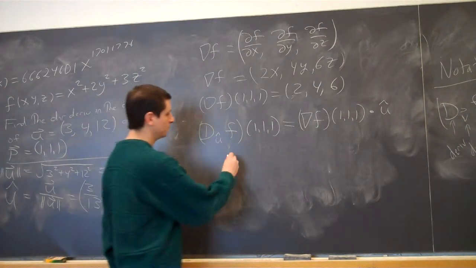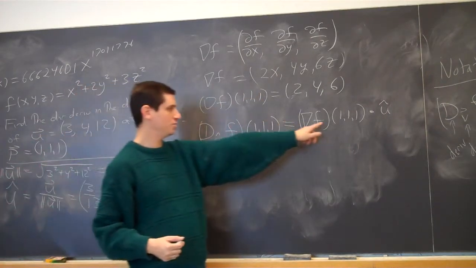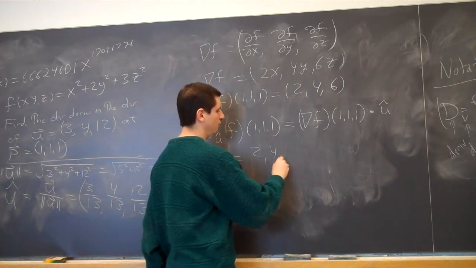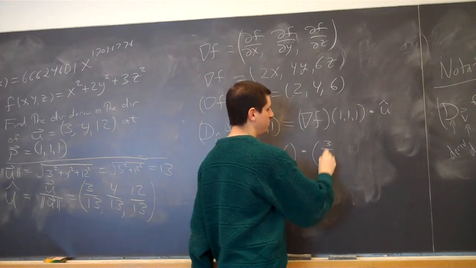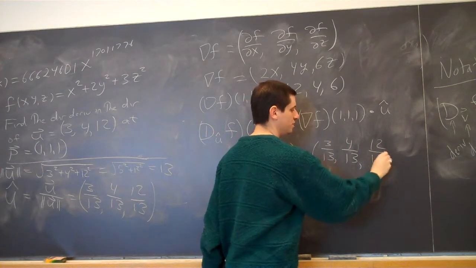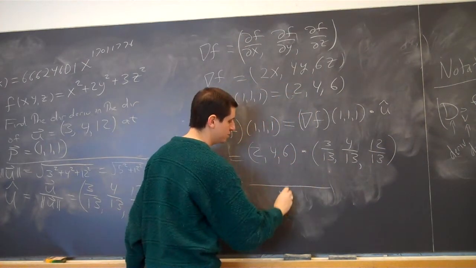So over here, I've got everything I need and I can just pull up directly. Oh, good. I want the gradient of f at 1, 1, 1. It's right here. It's just 2, 4, 6. I take the dot product with 3/13, 4/13, 12/13. And so when the dust settles, everything is going to have 13 as the denominator.